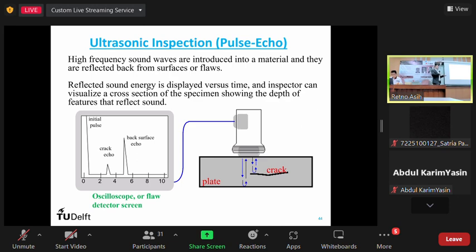It's similar to ultrasound, that doctors do the scanning of a broken bone in your body or something similar. This is very similar to that, but we use it for industrial application. So the wave that is reflected from, for example, a crack, so that we can know there's something wrong in our structure.